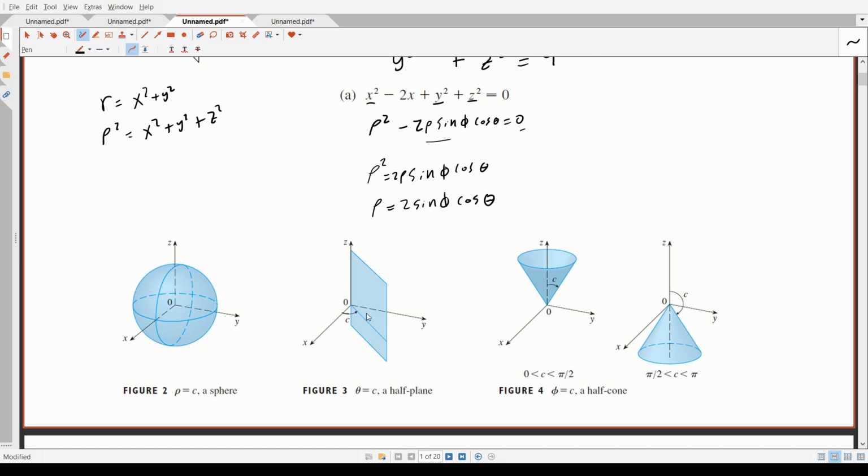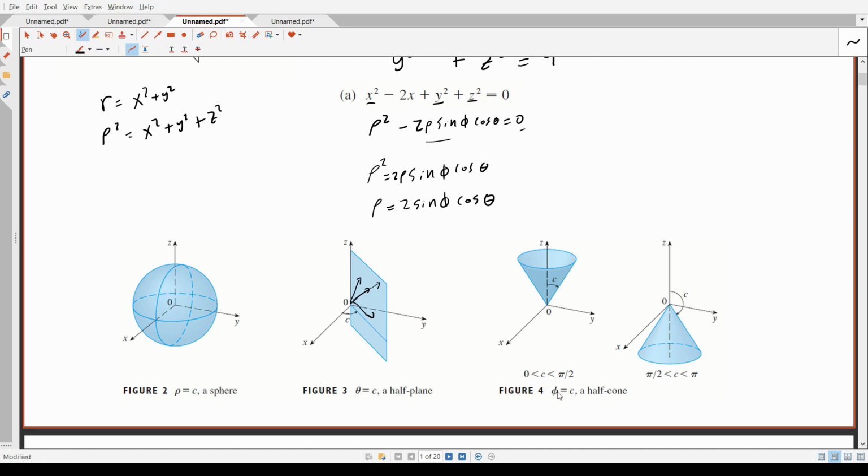If that's constant, any vector is going to lie in this plane. It's going to have an angle of theta with respect to the x-axis, but it can be any vector I want as long as it's in this plane. It's going to describe a plane. Notice that's not going to describe the other half of the plane, because then theta would be different.